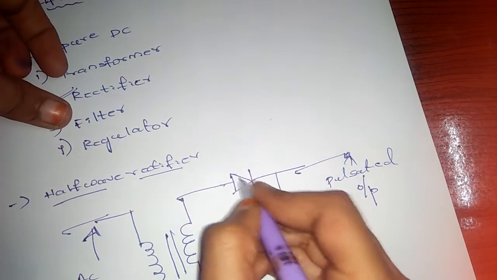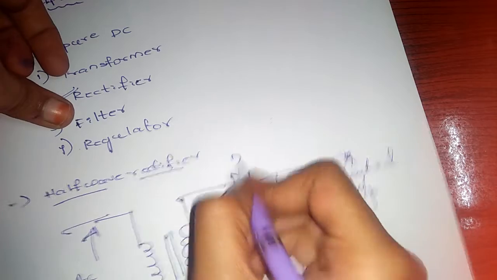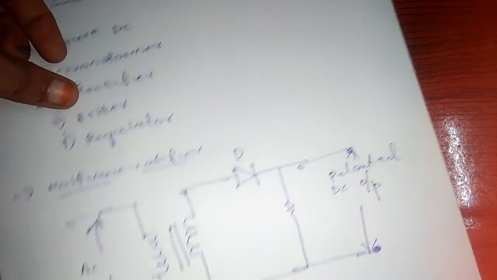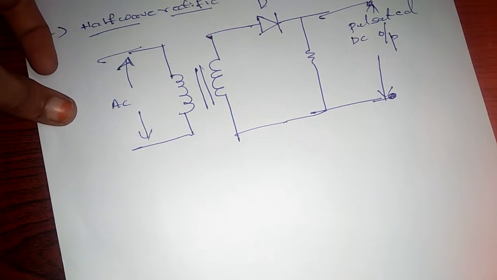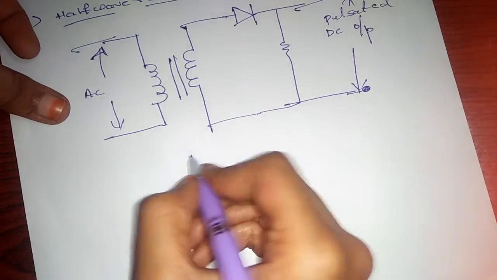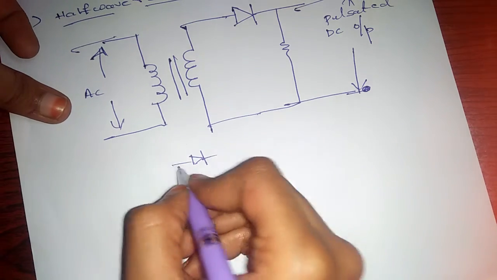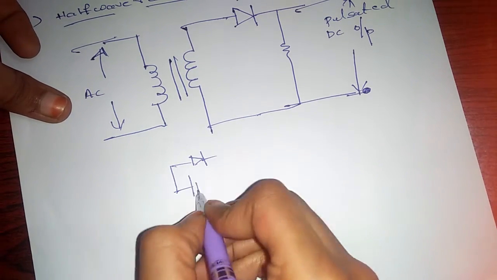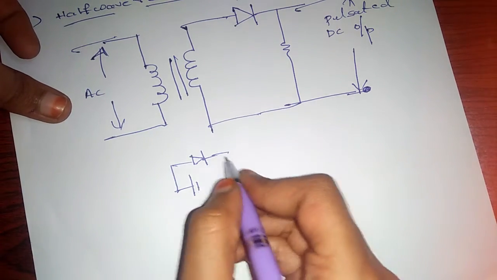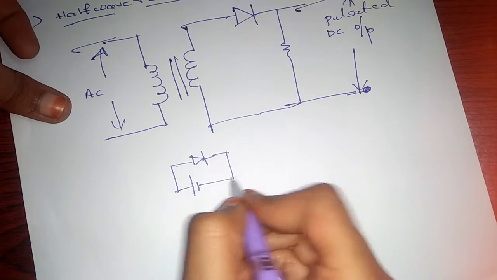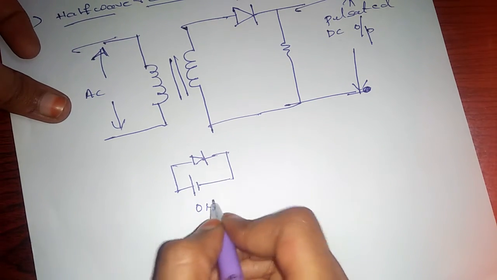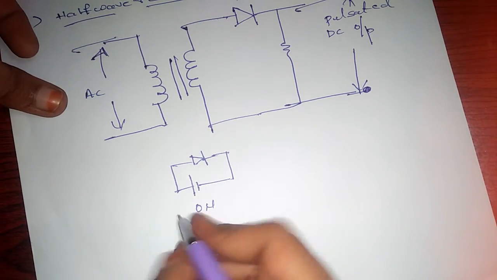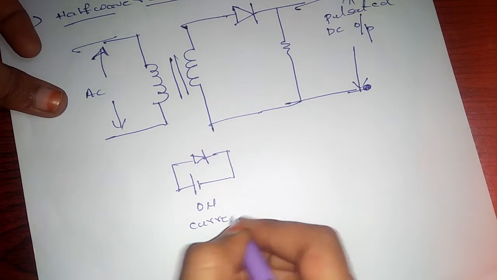Here we have a diode. The diode will conduct whenever the positive terminal is given to the P side and the negative is given to the N side, right? So it is in the on state, then current will flow.